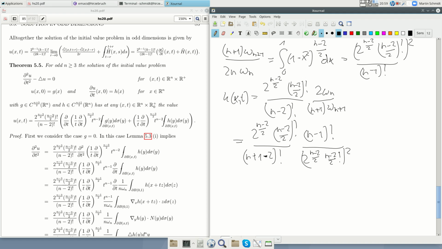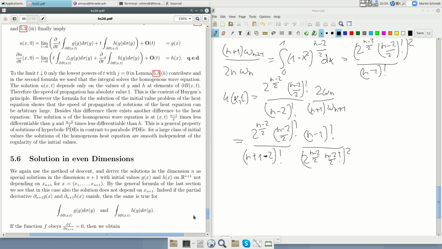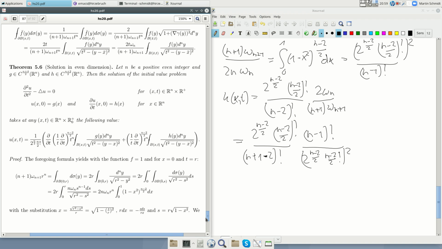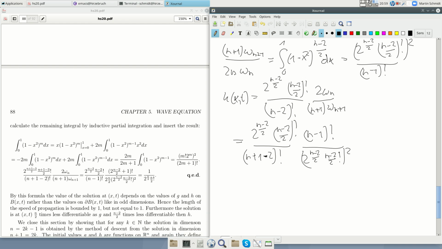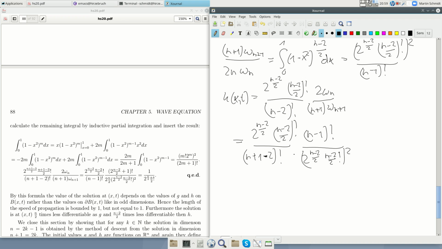And we also have, here we have to be careful, here we have this factor, but before we calculated with this factor, so we get here an extra n, and this we write as n half times 2.